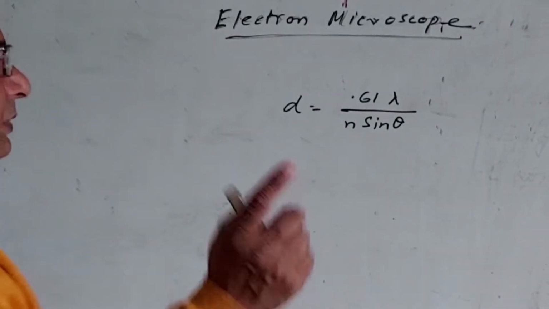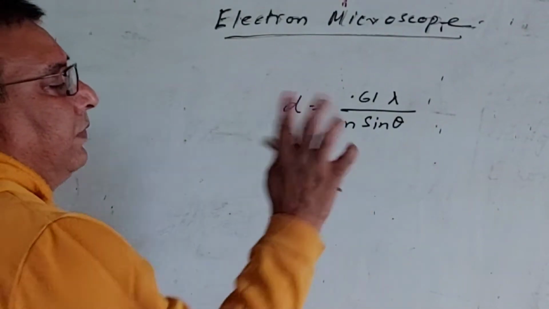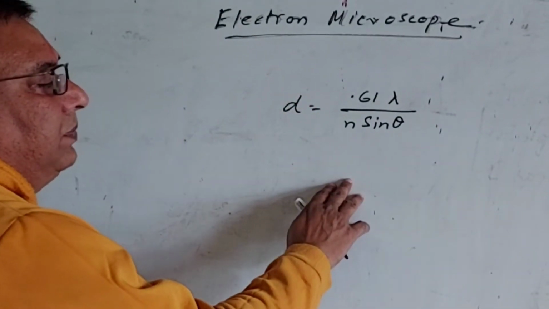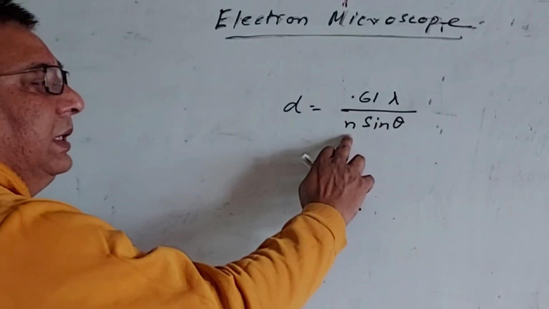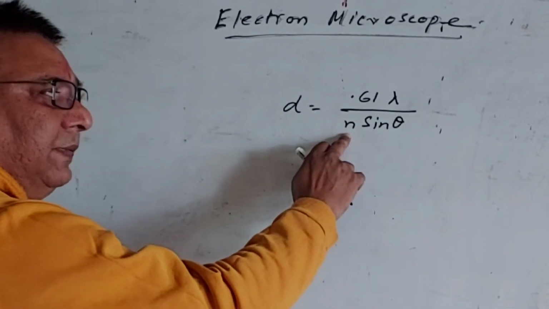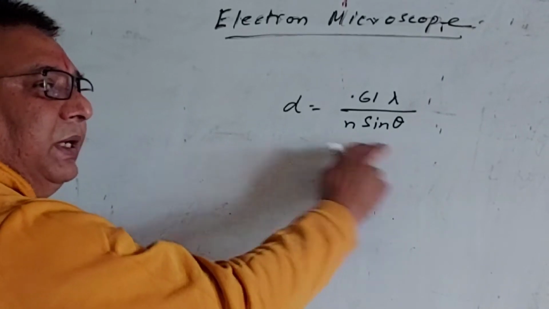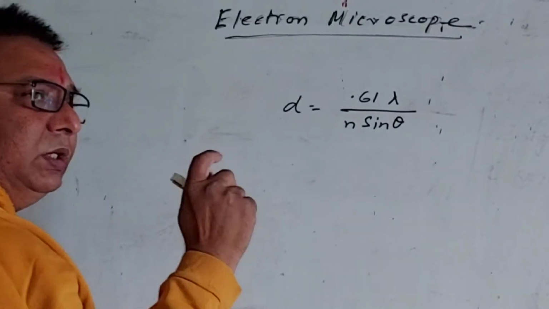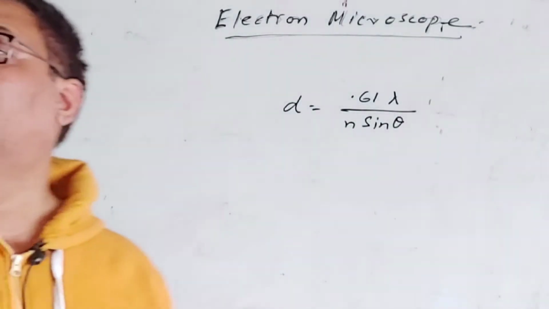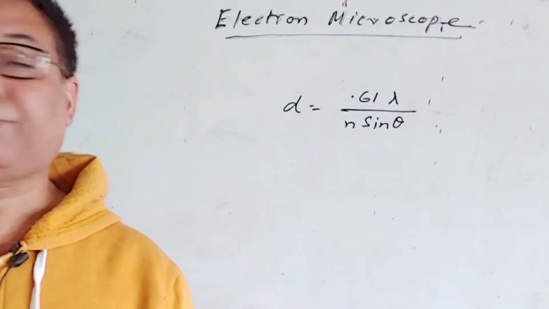For that purpose, we have seen that for a bright field microscope or a phase contrast, whatever, for a light microscope, you can increase the value of refractive index. This is called numerical aperture. You can increase the value of numerical aperture a little bit, maybe up to 1.5 or so.